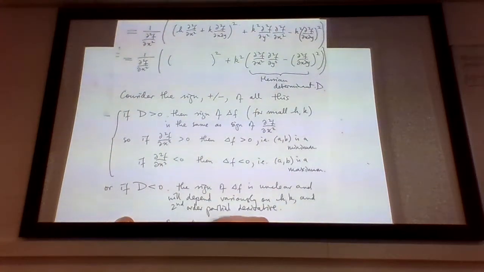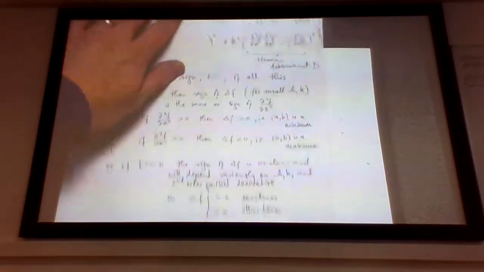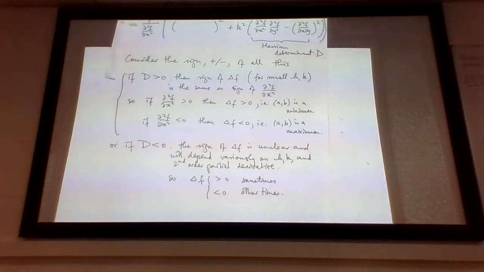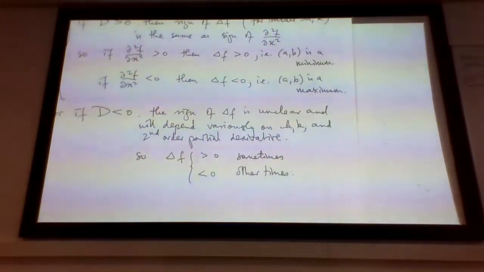So delta F is positive sometimes, negative other times. So it's a mixed picture. So that's the saddle point. The saddle point is a stationary point where you go off in some directions, the surface is falling away. You go off in other directions, the surface is rising up. Okay, so it's a mixed picture.